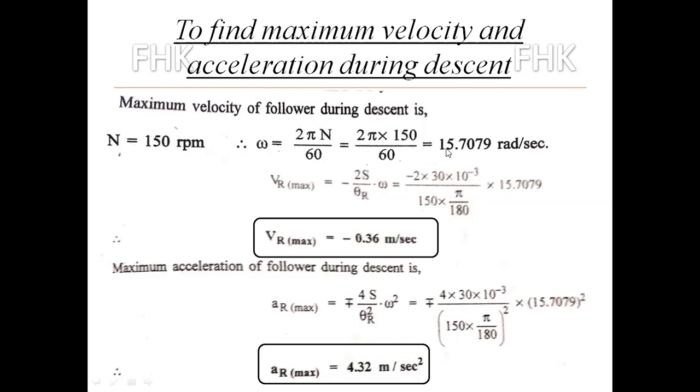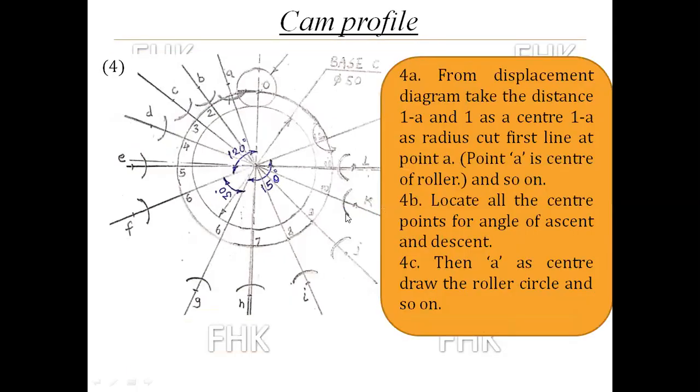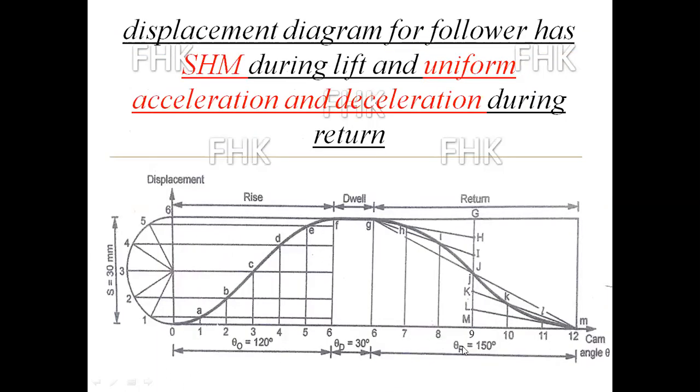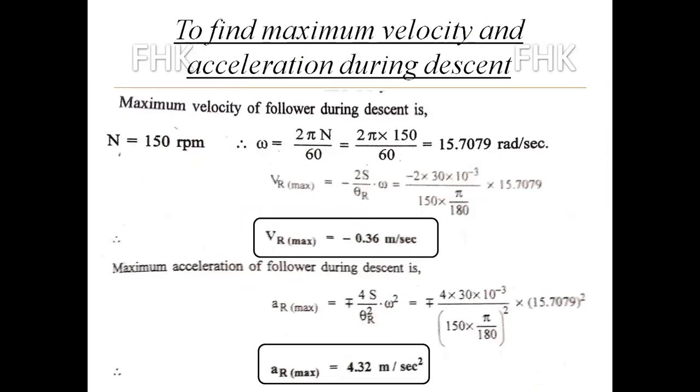We have already found 15.7079, divided by theta return, which is given as 150 degrees. That 150 is in degrees, and you have to convert it into radians, so multiply by pi by 180. After calculation, you will get the maximum velocity in the return stroke as minus 0.36 meter per second.